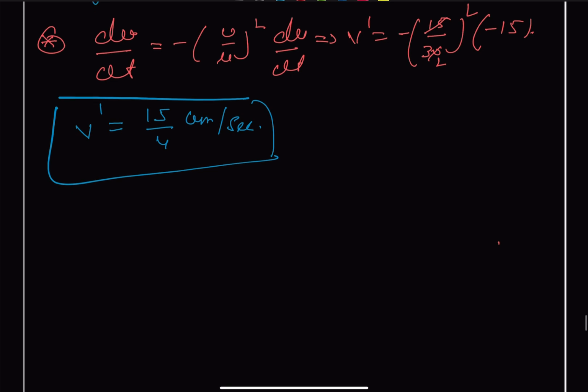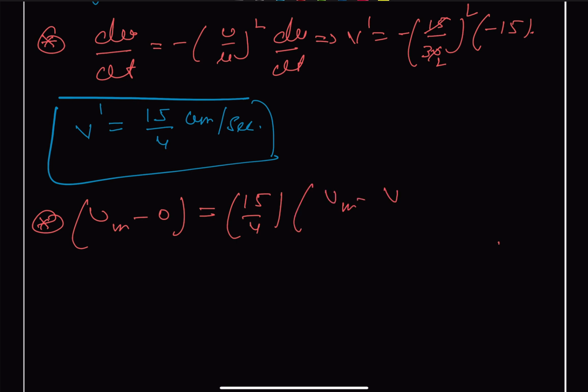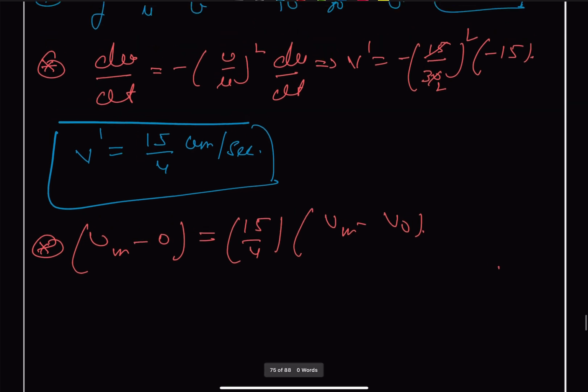Okay, so we can write that our velocity of mirror minus 0 will be equal to 15/4, and we have our Vm minus V naught. I think this looks, one second, let me correct it from here.